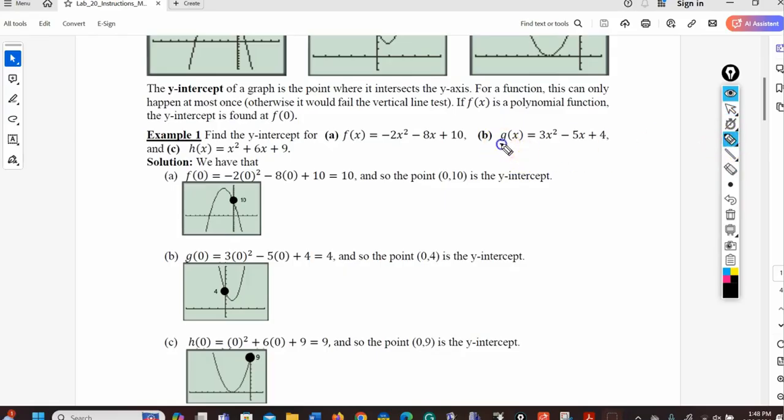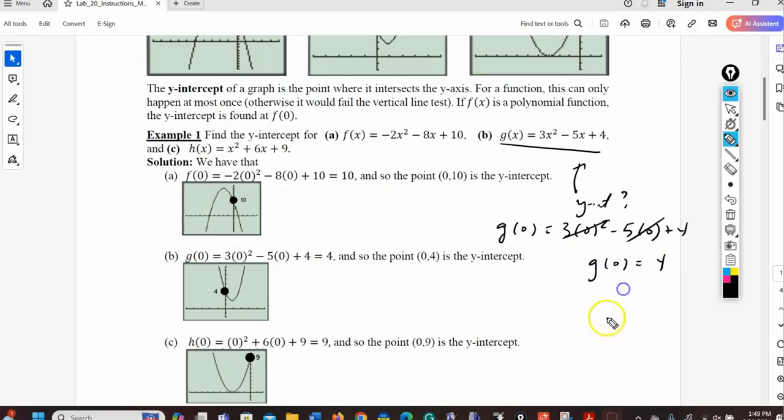So for this function, what is the y-intercept? We evaluate g at 0. And you can see that I'm left with g of 0 is equal to 4. So our function will intersect the y-axis at 4.